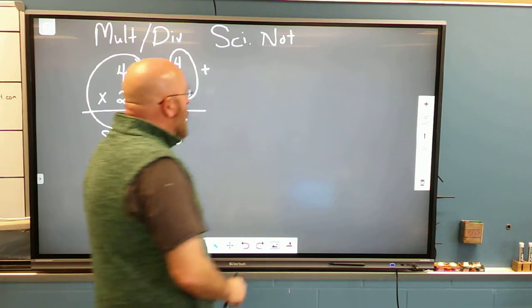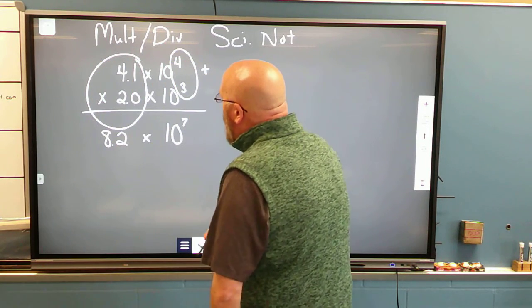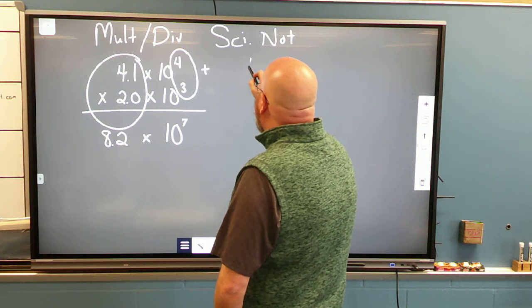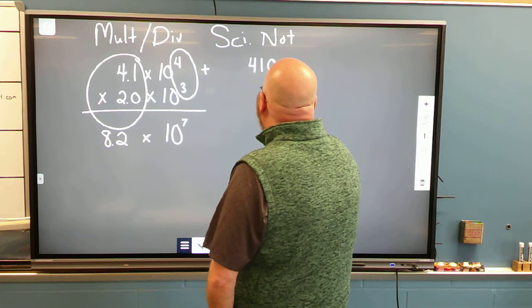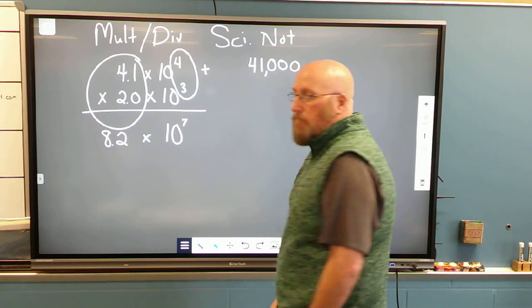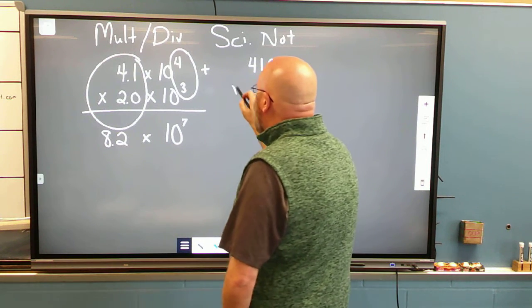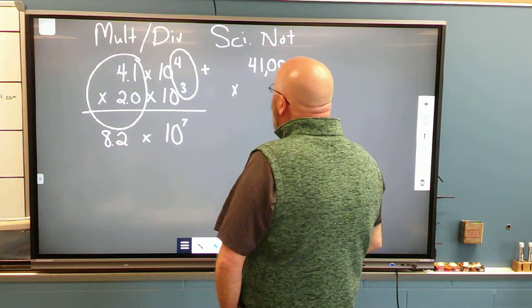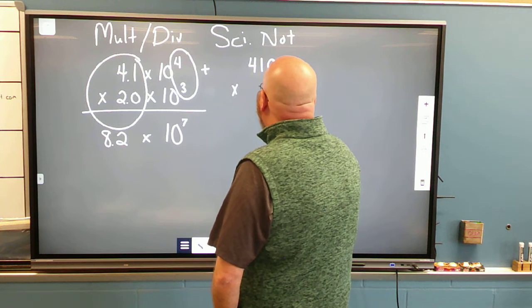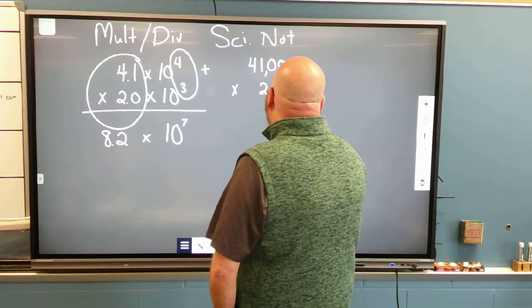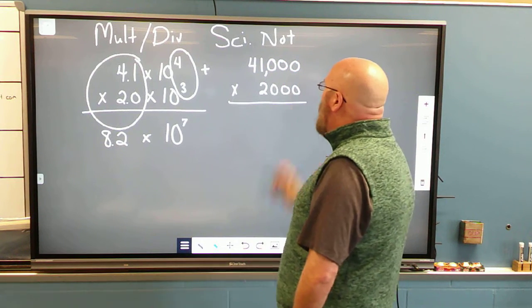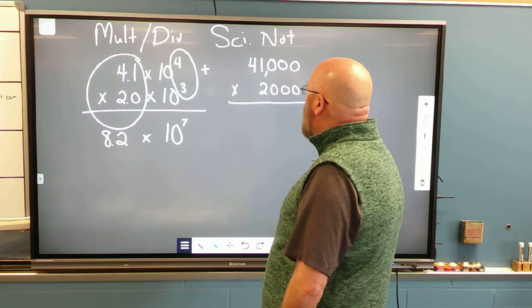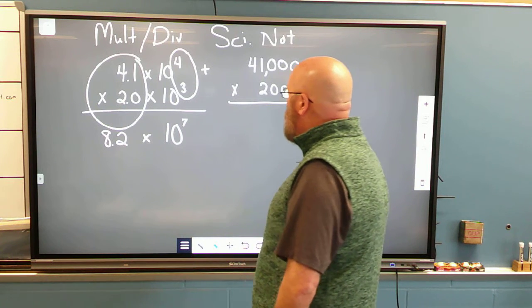Now, what does that mean? Well, let's just take this number, 4.1 times 10 to the fourth. What is that actual number? Well, isn't it 41,000? Times 2.0 times 10 to the third. Well, isn't that 2,000? So what's 41,000 times 2,000?